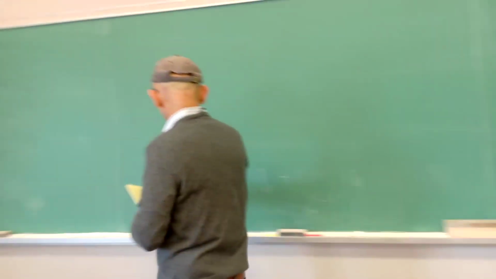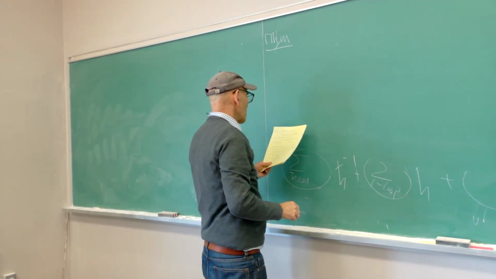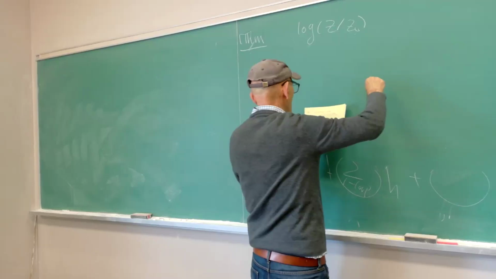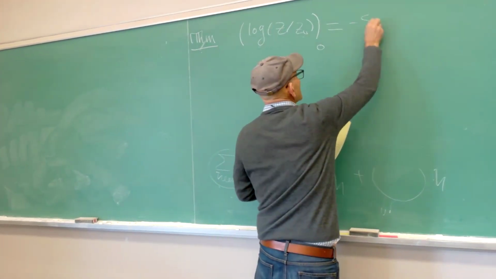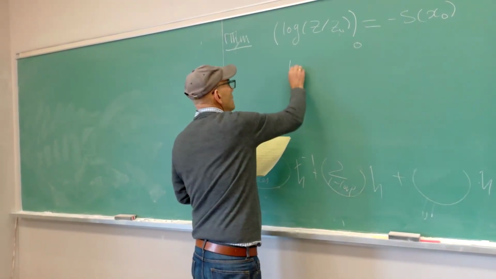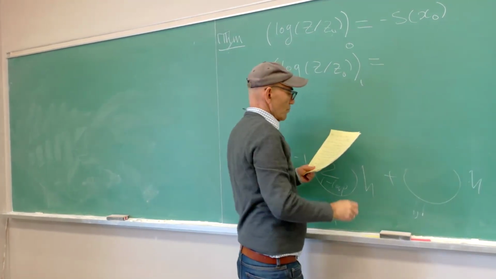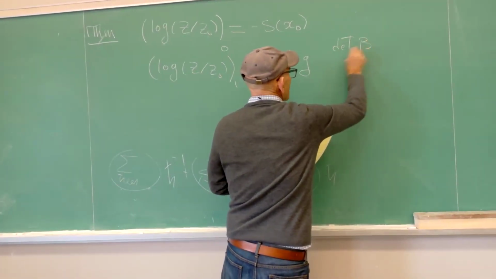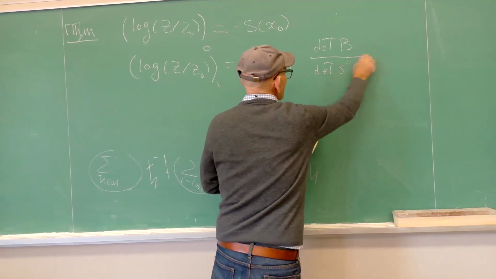So the theorem is that indeed the zeroth component of log(Z/Z0) is equal to negative S of x0, and the first component of log(Z/Z0) is equal to 1/2 log of the determinant of P over the determinant of S double prime at x0.